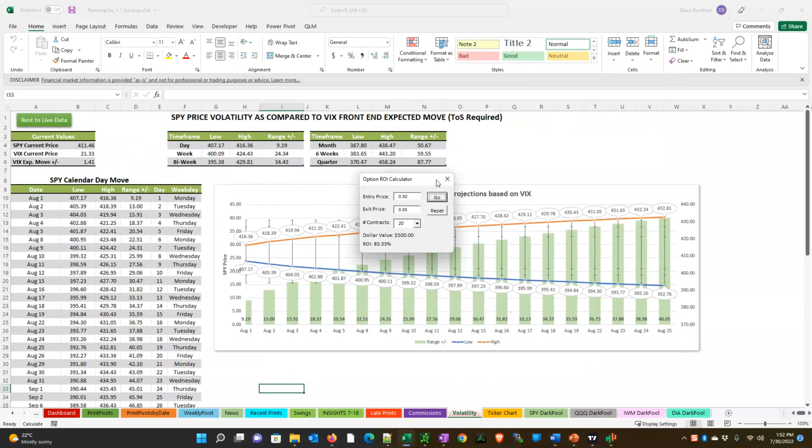ROI is 83%. When I'm trading, I'm not necessarily watching my P&L. I'm watching the chart, and then when I get out of the trade, I exit it, and then I want to see what my P&L was, right? So I use that quite often to do that sort of thing.